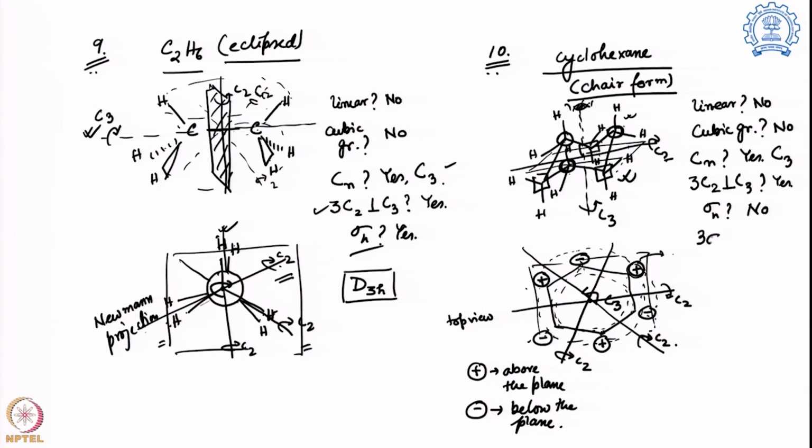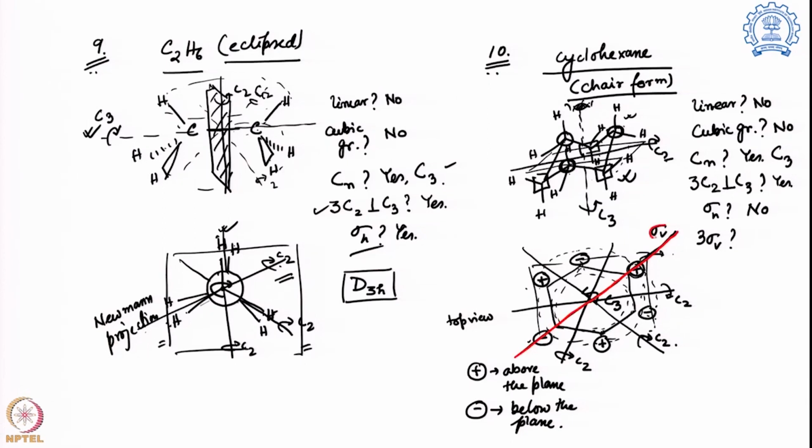Then the question, do you have sigma V's present? For the sigma V's, what we can see over here is that there is a sigma V plane present. Let me just draw that in a different color to showcase it properly.